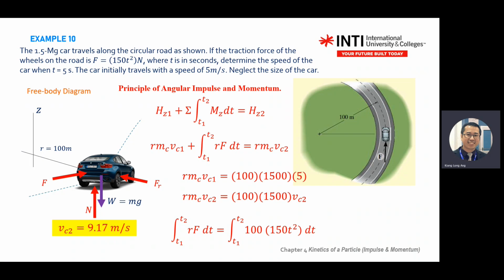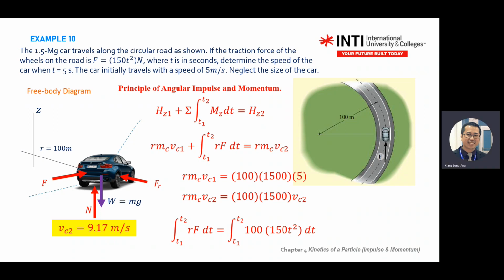However, if the question forces you to use the principle of angular impulse and momentum, you need to use this equation. If the question asks you to use the principle of angular impulse and momentum in your calculation and you use the chapter 2 equation, sorry, you get 0 marks for that component.